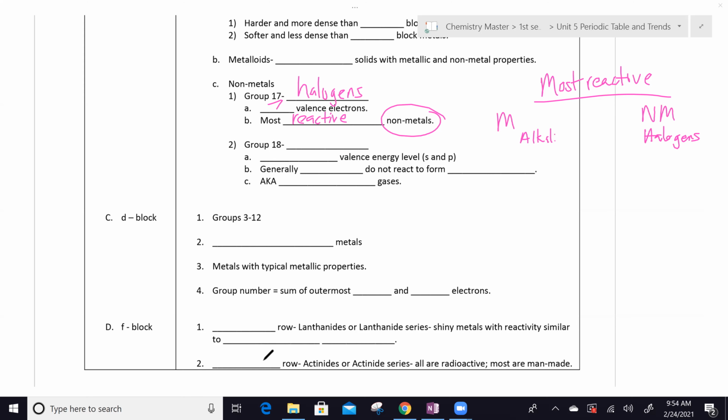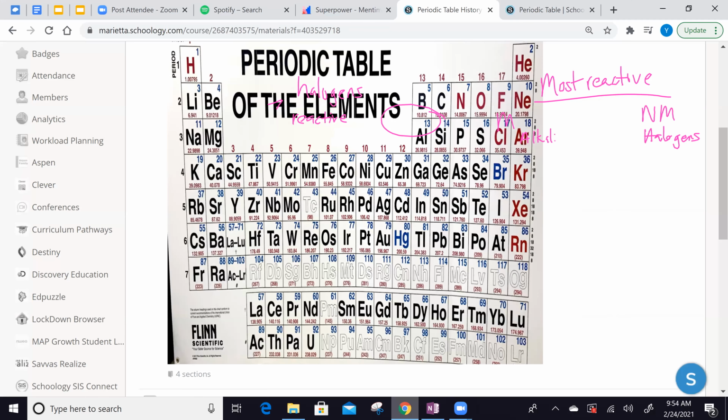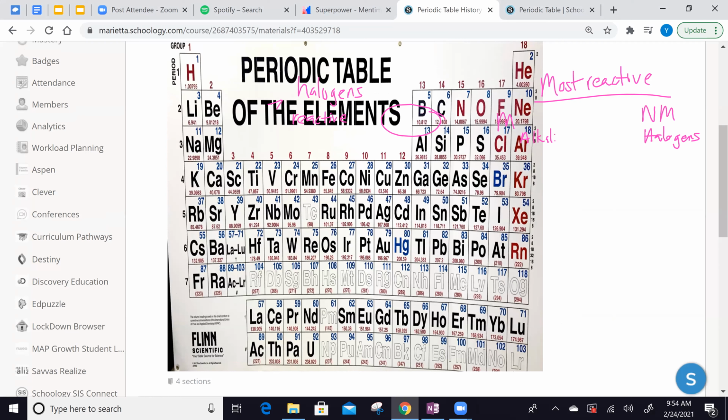Group 18, that's that group of big gases, all right? So these guys on the very far end, right here. Anybody know what that group is called? All those gases in red.